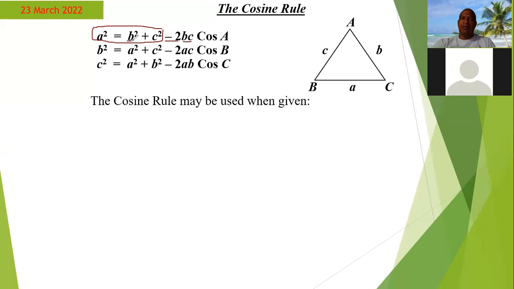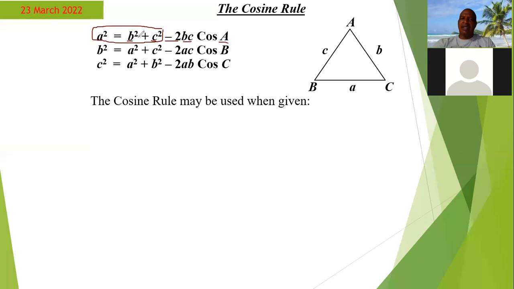We get them from the side where you have the plus, the 2 squares. In this case, you have b squared plus c squared. So you take the b and the c, the same values, and put them beside the 2 here. Now the angle here is going to be the angle of the letter that starts the rule. So A starts the rule, so you're going to find the cosine of the angle A.